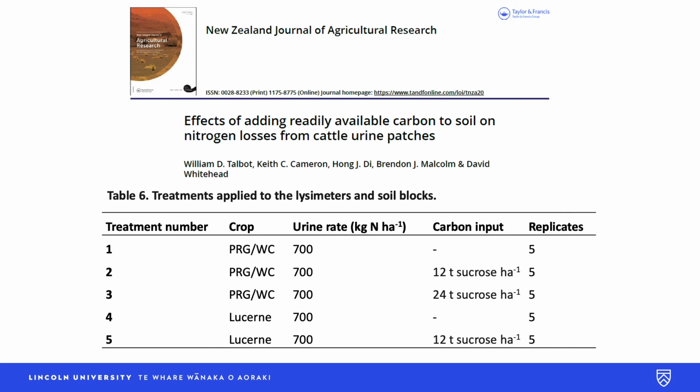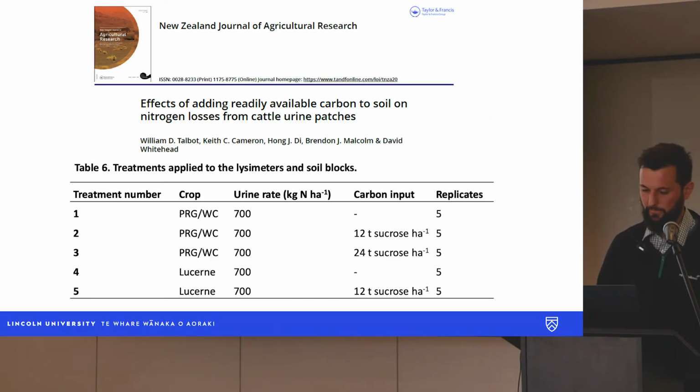In the first year, we also published another paper, effects of adding readily available carbon to soil on nitrogen losses. So we looked at 2 different crop types, perennial ryegrass white clover pasture again, and lucerne. We applied urine again at 700 kg N per hectare, and we also applied carbon inputs.